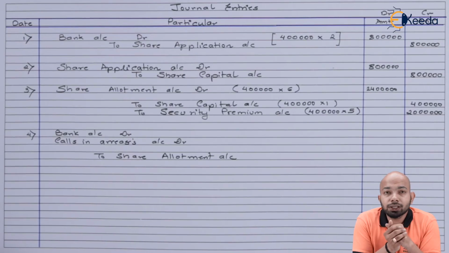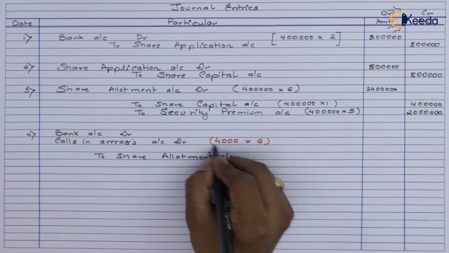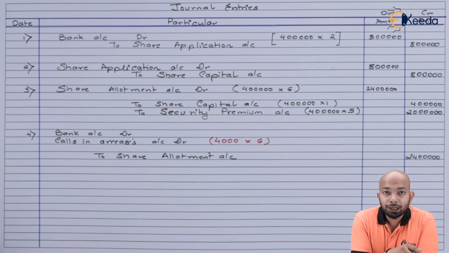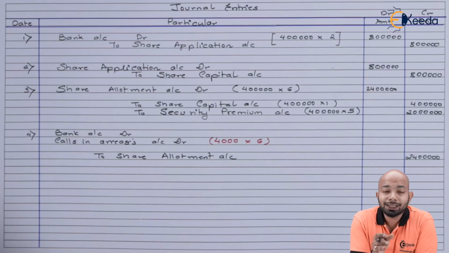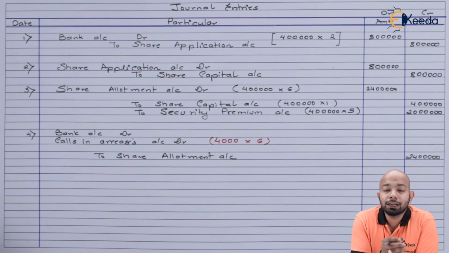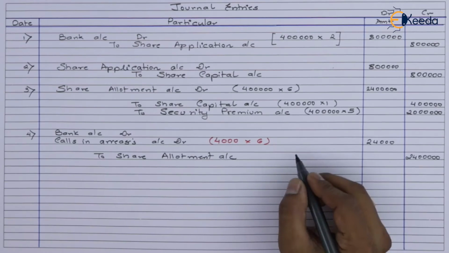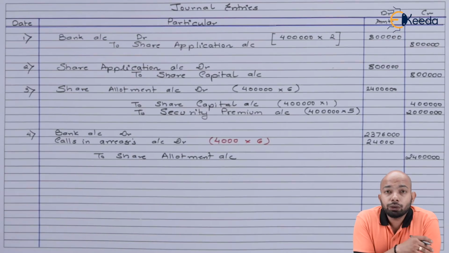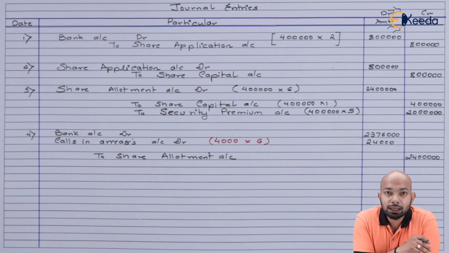So we'll mention that in calls in arrears. We're expecting 24 lakh, out of which 4,000 multiplied by 6, that is 24,000, we are not supposed to receive here. Whatever balance is left is what we have already received, and that is mentioned in the bank account. So in the bank account, we have received 23 lakh 76,000.